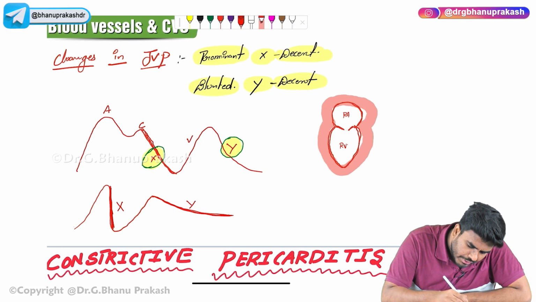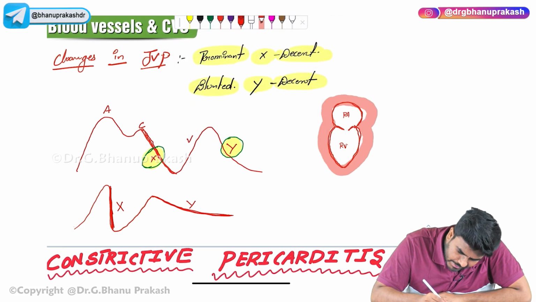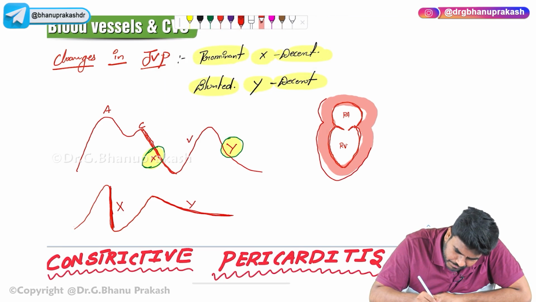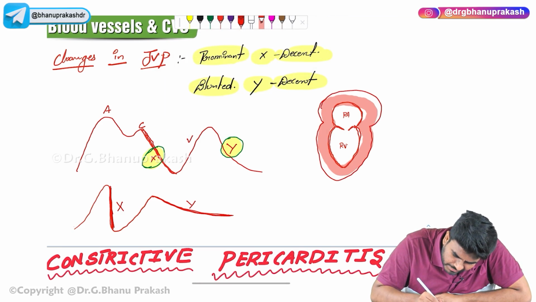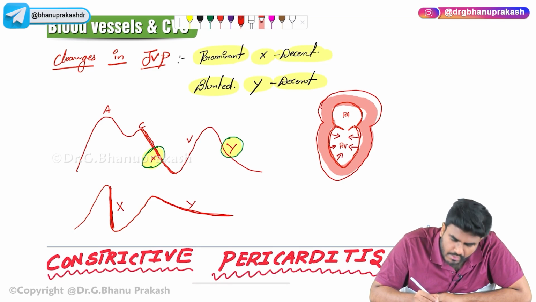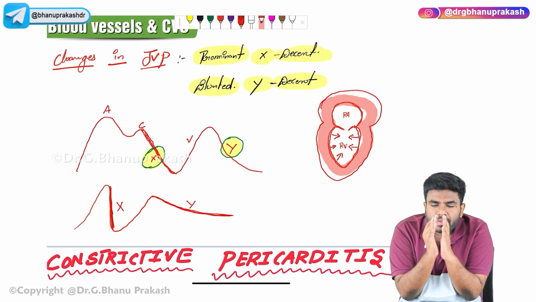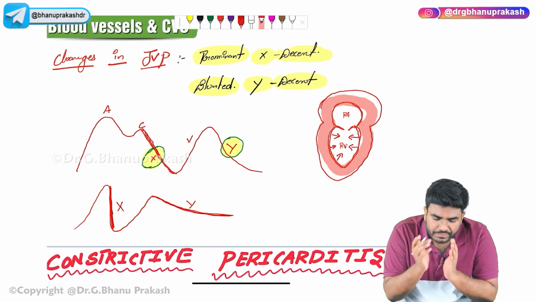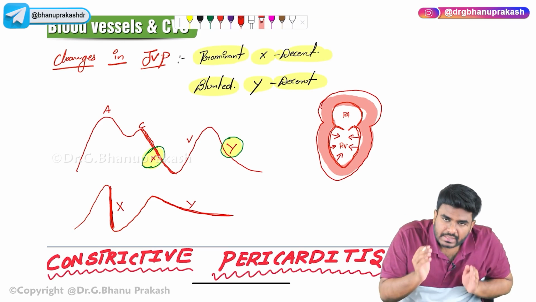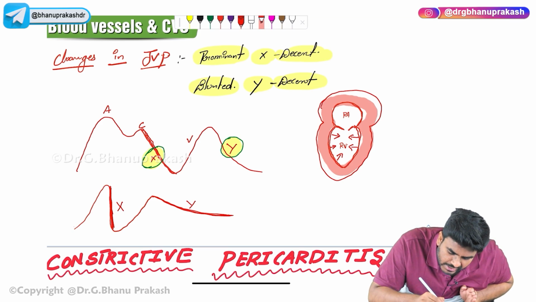So what I am trying to put into your mind is, see, this is the pericardium which is surrounding the heart. When the ventricle is contracting, the ventricular volume decreases, the ventricle is becoming smaller. The ventricular size is decreasing, so there is more space here, the space increases.